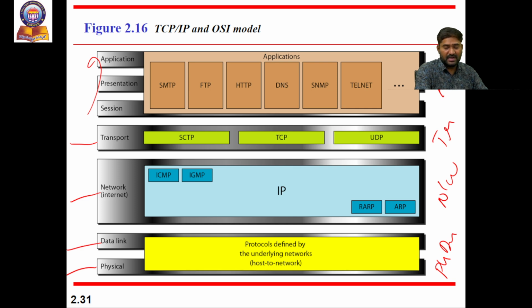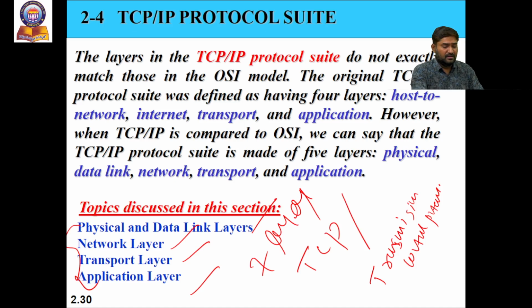I am going to compare with the OSI model here, because we are already done with the OSI model. When we talk individually about TCP/IP, we have only 4 layers: the physical and data link layers as one layer, the network layer, the transport layer, and the application layer.